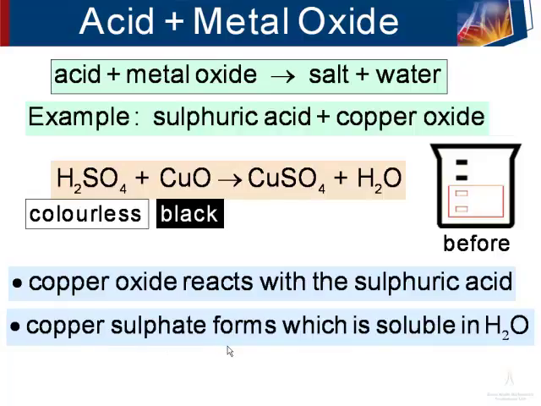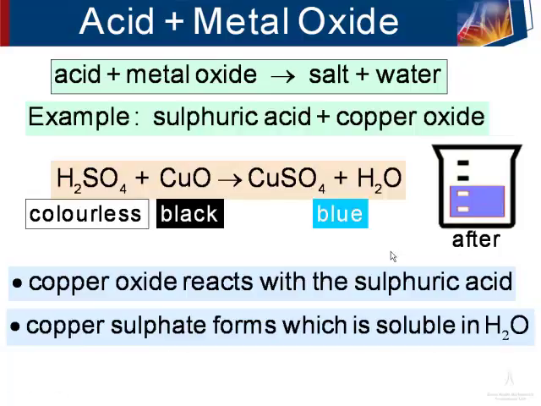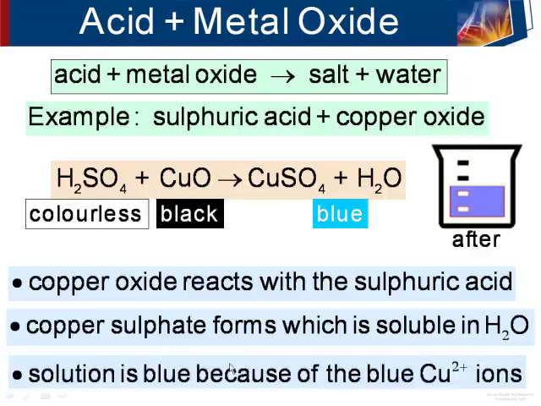And when the copper sulfate dissolves in water, the color of the solution becomes blue. And so this side, or the product end, is blue. And the reason for the blue color is due to the presence of the copper 2+ ions, which basically form when the copper sulfate dissolves in the water.